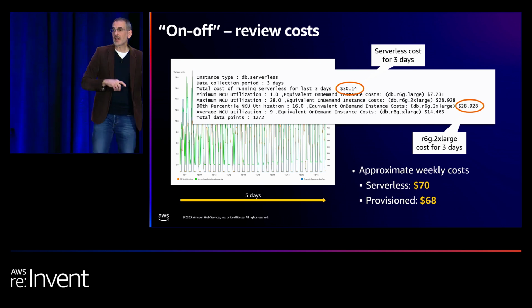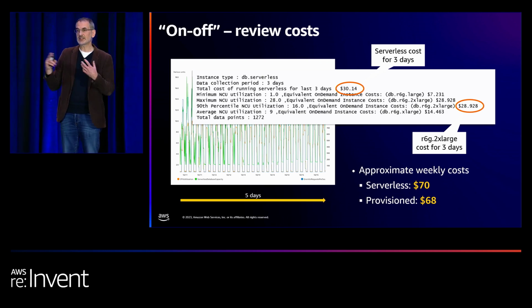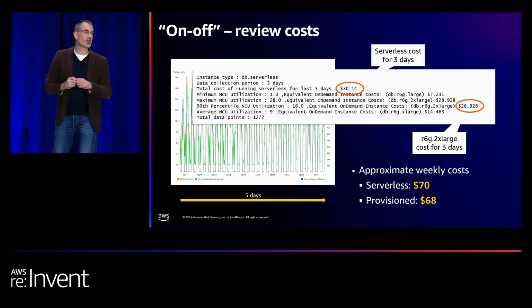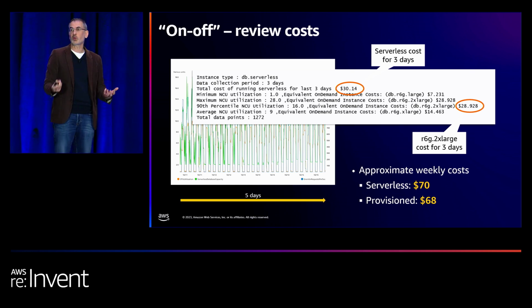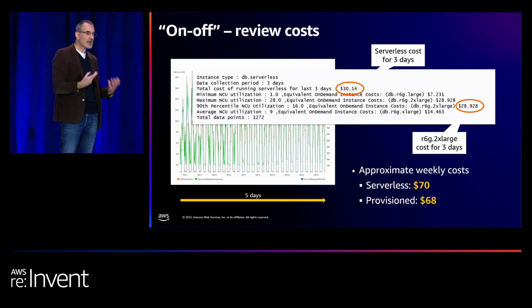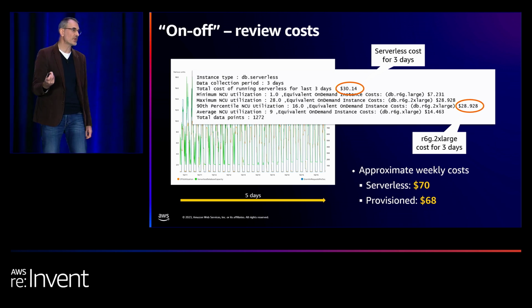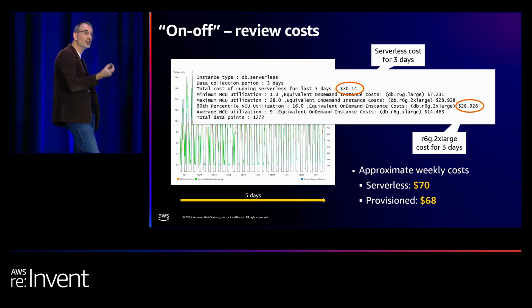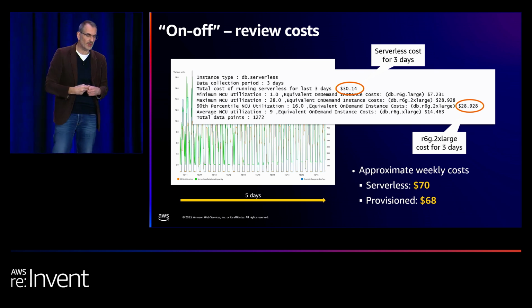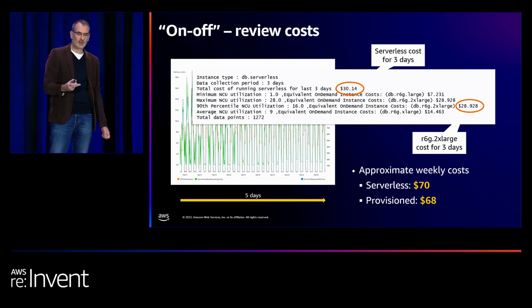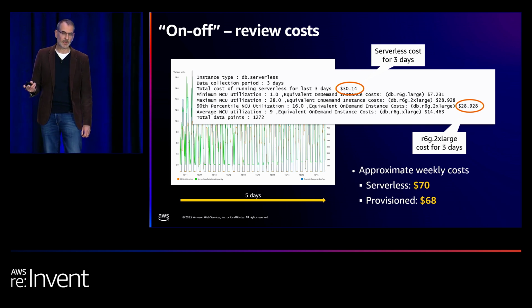And then finally, that on-off workload, I did exactly the same. It looked to me as though the area under the curve was around about 50%, so it was worthwhile running the experiment. I ran it for a few days. I think I ran the cost evaluator for just 3 days worth of metrics. So the cost evaluator is using CloudWatch metrics to generate those estimates. It says that serverless cost me just over $30.